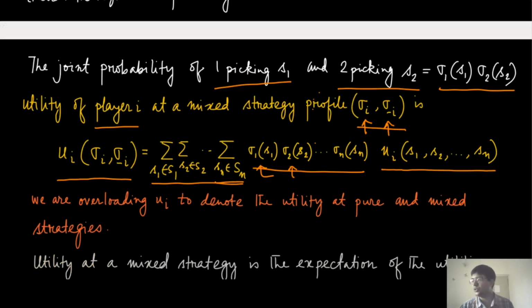So ideally, this utility is denoting both the utility for pure strategy profiles and also for mixed strategy profiles. Ideally, you should have used a different notation, but I think in this context, it will be clear whenever we are using the pure strategy or mixed strategy profile, and therefore we don't really need to use a different notation.